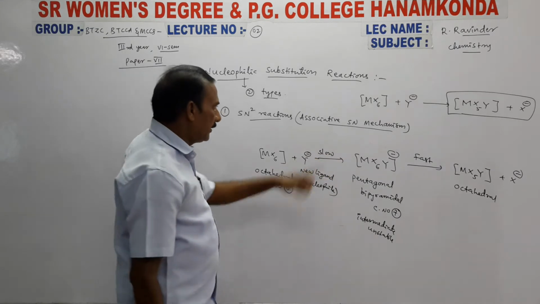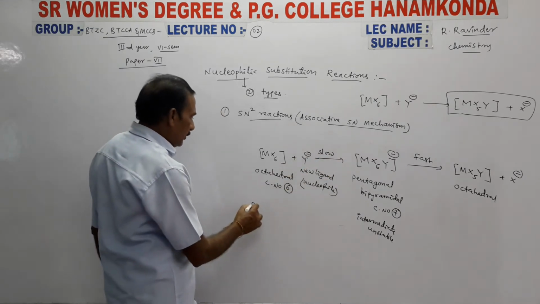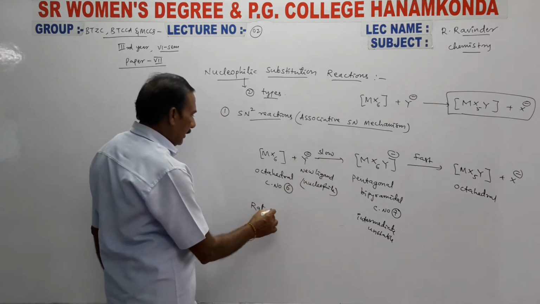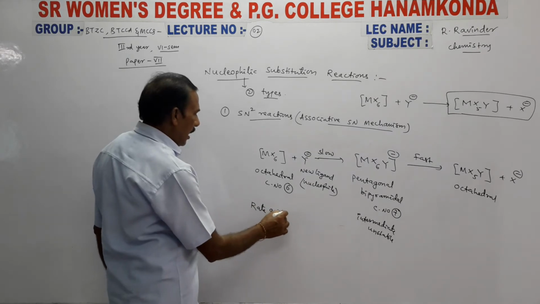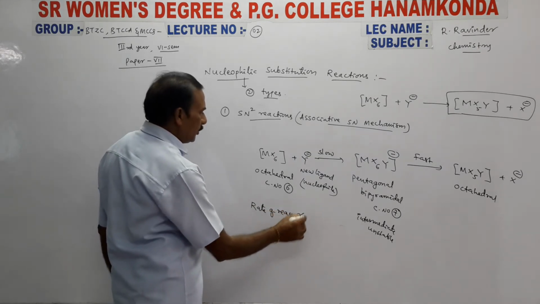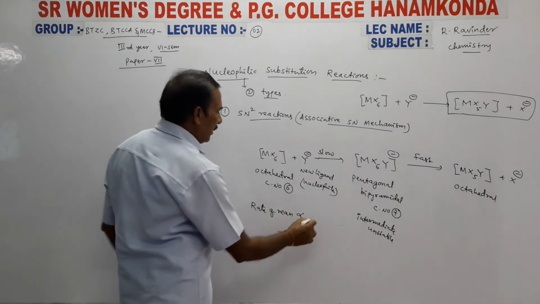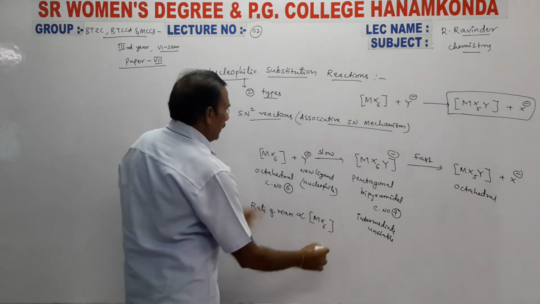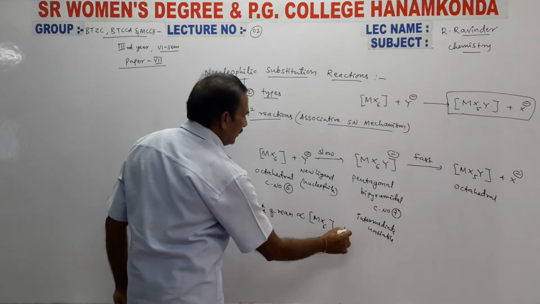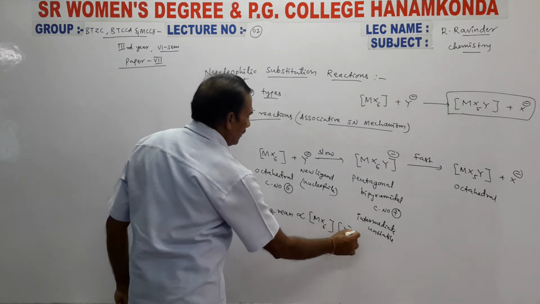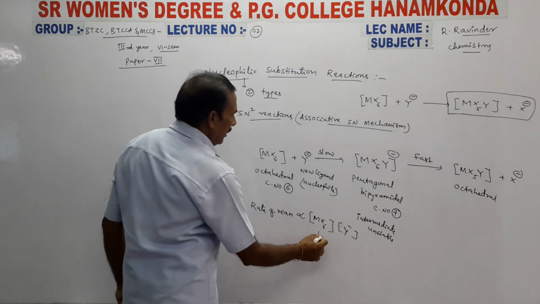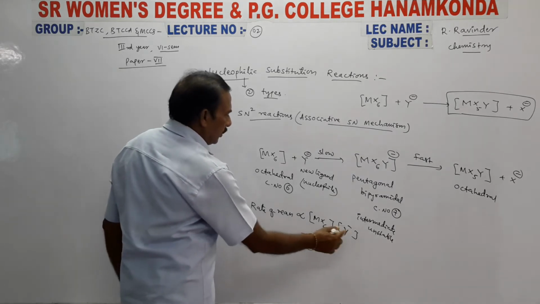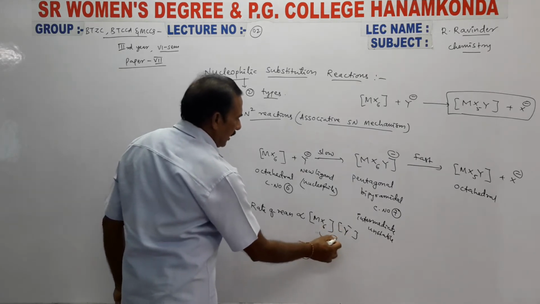Here the rate of the reaction is proportional to the concentration of MX6 times Y minus. There are two reactant molecules here.